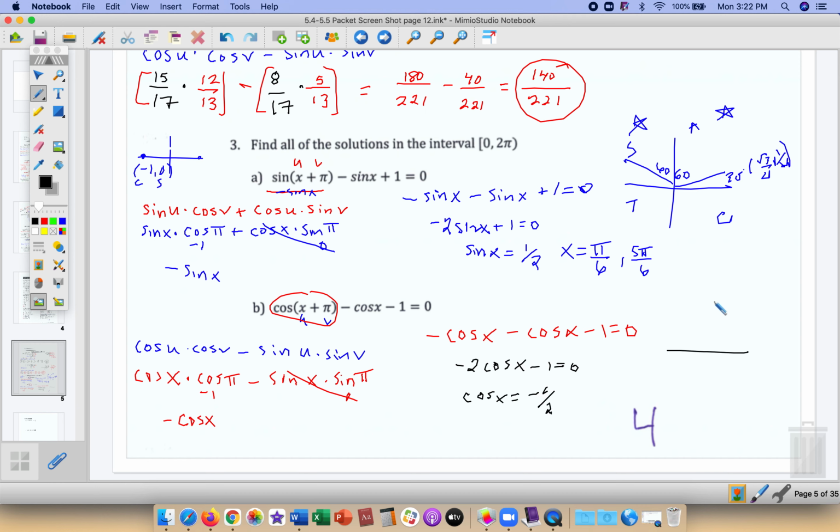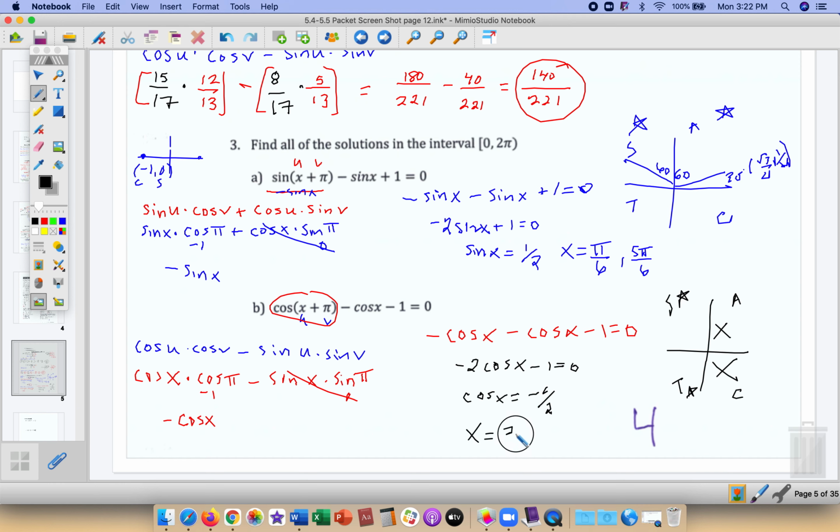So as we spin around the unit circle, where is cosine going to be negative 1 half? All students take calc. So cosine is going to be positive in the fourth, so it can't be there. It's positive in the first. So we're going to look in the second and the third. Where is cosine negative a half in the second and third quadrant?